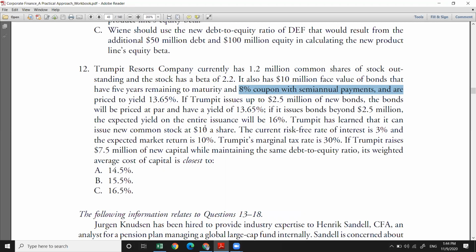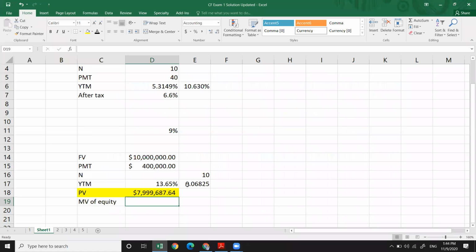The new common stock will be issued at $10 per share, and the company currently has 1.2 million common shares outstanding. Which means 1,200,000 times $10 per share. So it is 12 million of market value of equity, 12 million dollars.